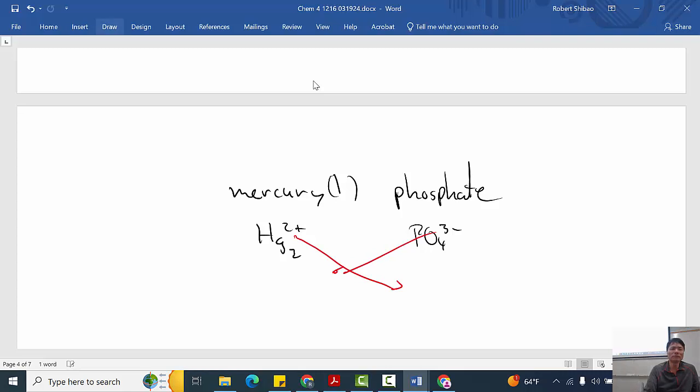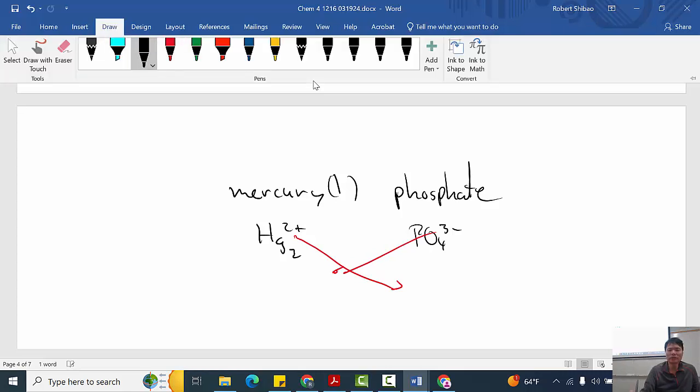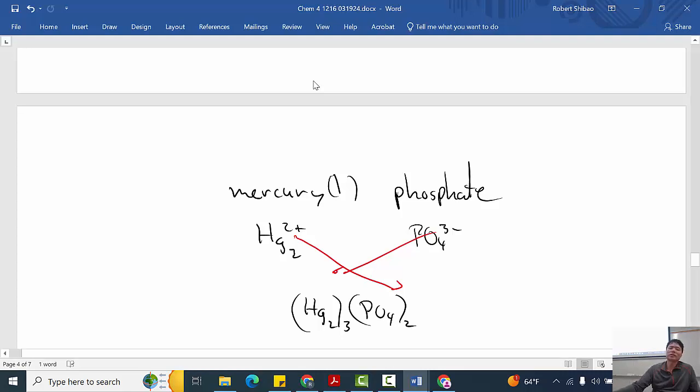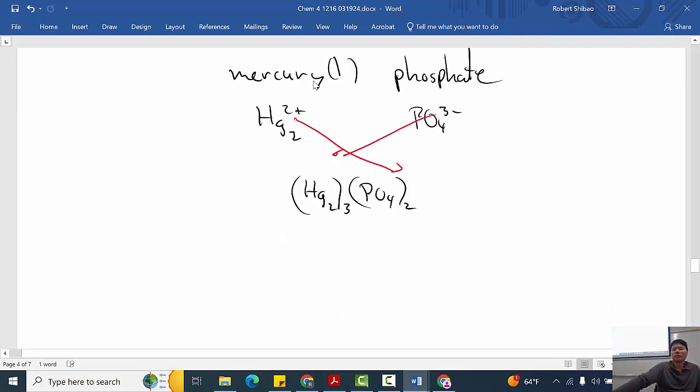But it's going to look weird, because how many mercury(I)s? 3. So this looks kind of weird. And how many phosphates? 2. So it's a strange looking formula, but that would be it.